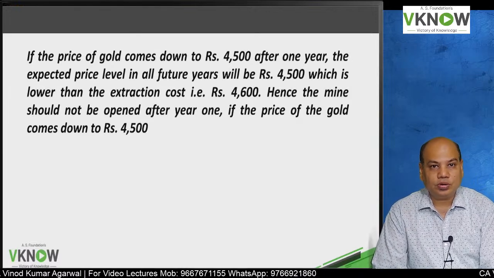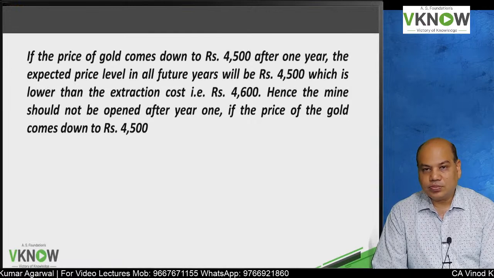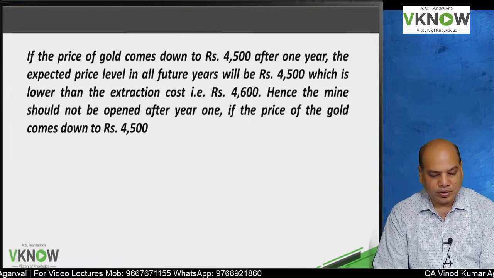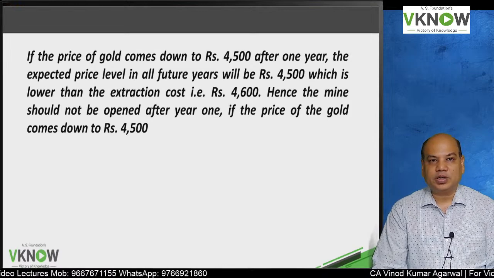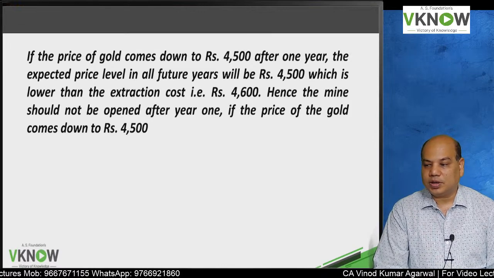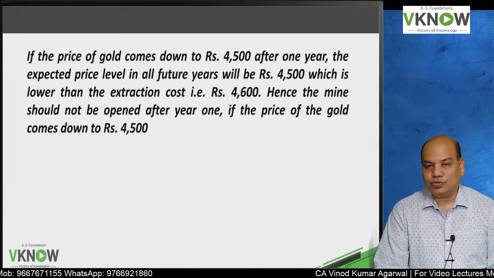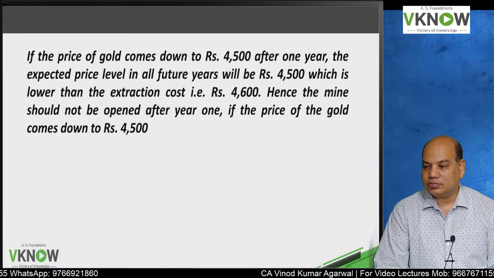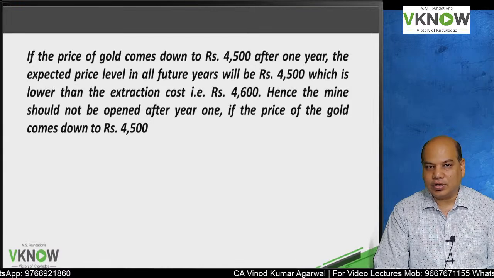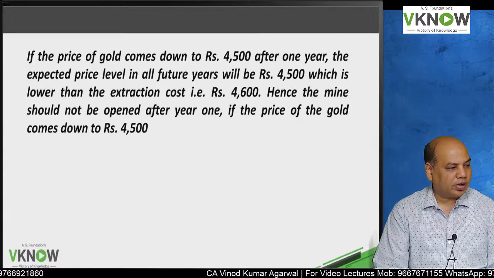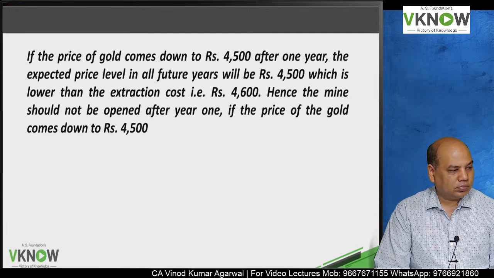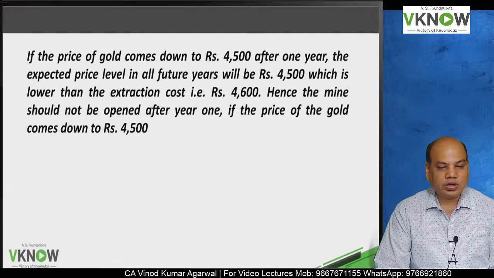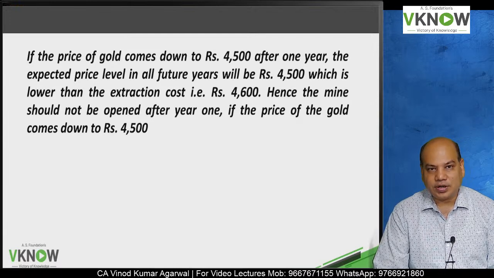If the price of the gold comes down to rupees 4,500 after 1 year, the expected price level in all future years will be rupees 4,500, which is lower than the extraction cost, that is rupees 4,600.